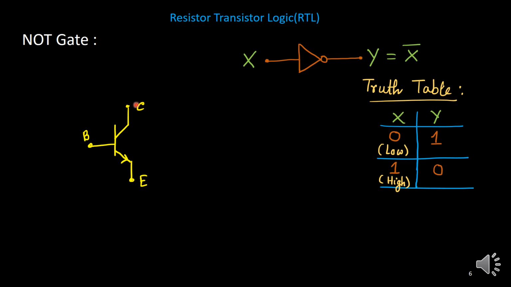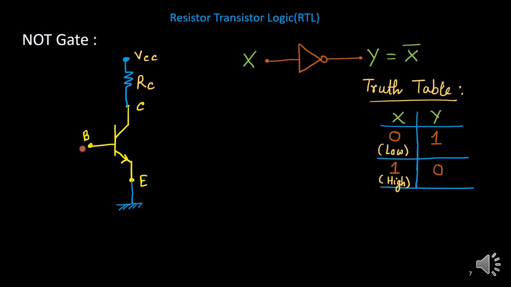This is the basic transistor. It has three terminals: base, collector and emitter. I have considered an NPN transistor here, with one arrow from P to N, which is the emitter side. The design is very simple. First, we connect the emitter to ground, and connect the collector to the source VCC through a resistance RC.